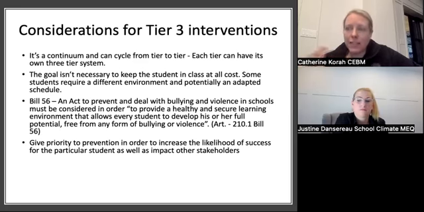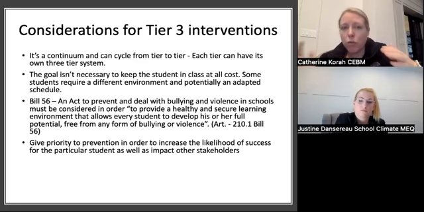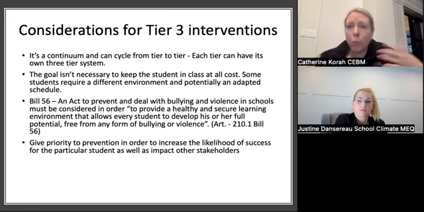The more we can put things in place for all, so best universal practices, and then more targeted for certain students, and for tier 3, more individualized, the more likely there is to be success for that student. It has an impact on all of the stakeholders, whether it's the adults working with the student, the other students in the class who are witnessing or living that experience with the student, and of course the student themselves.